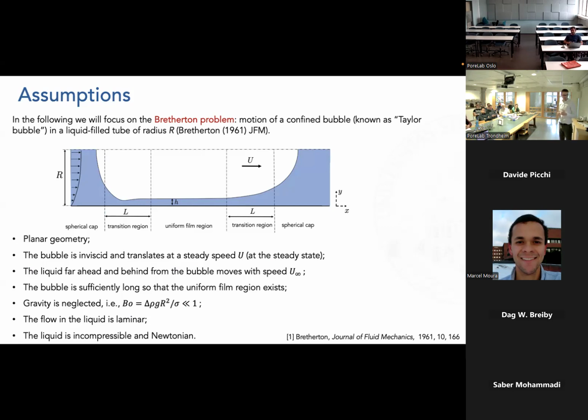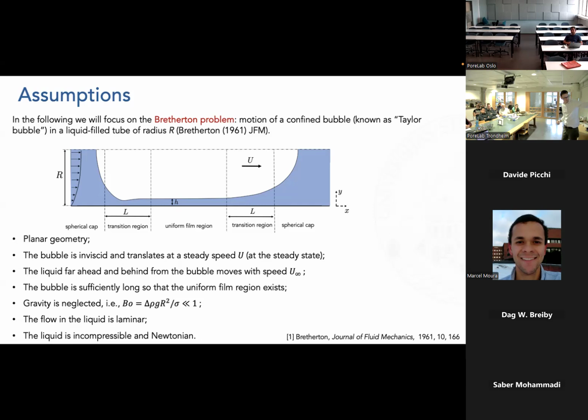This model applies, so there are a lot of assumptions we have to make. For example, it applies only if the geometry is planar or circular, and we are restricting our analysis to systems where there is no gravity and no inertia. We also make other assumptions. The bubble is sufficiently long, so that this is the typical shape.